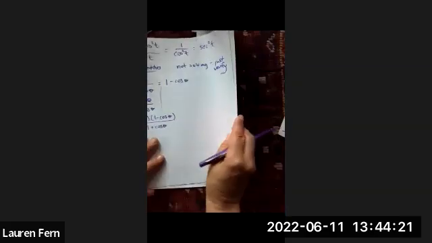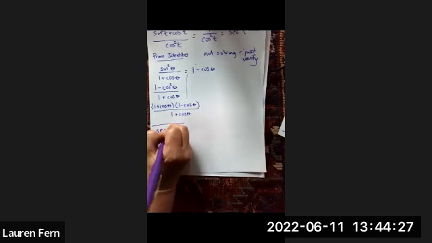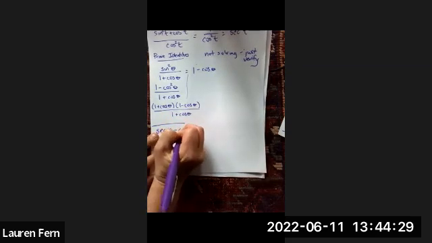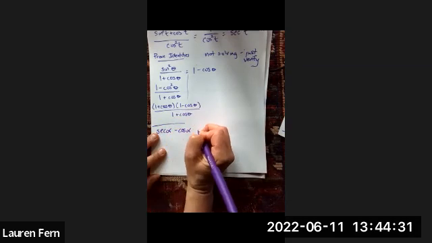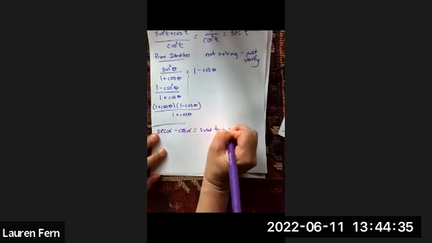All right, let's do another one. What if I want us to prove that the secant of alpha minus the cosine of alpha is equal to the sine of alpha times the tangent of alpha?